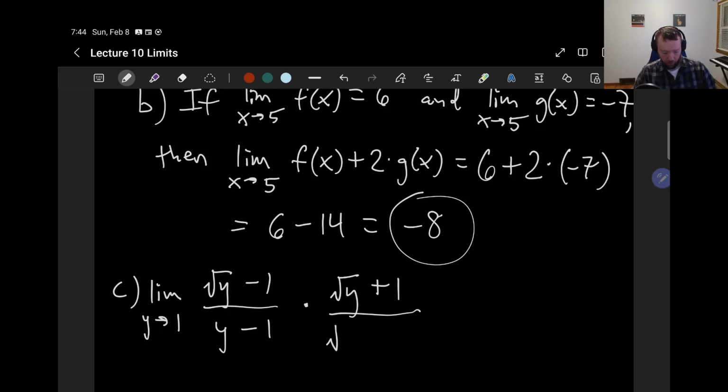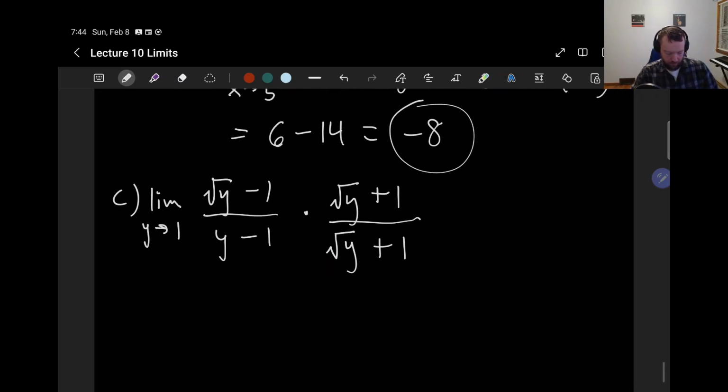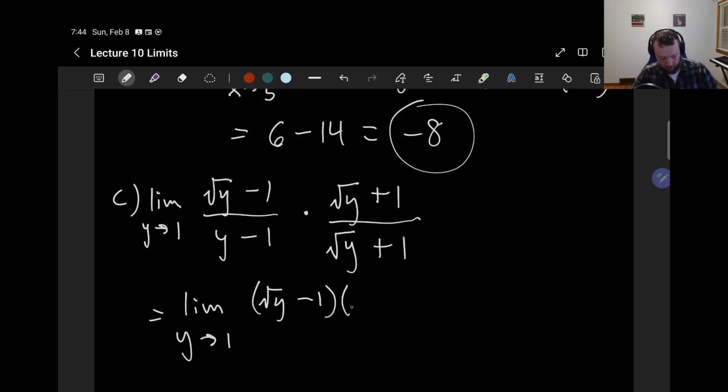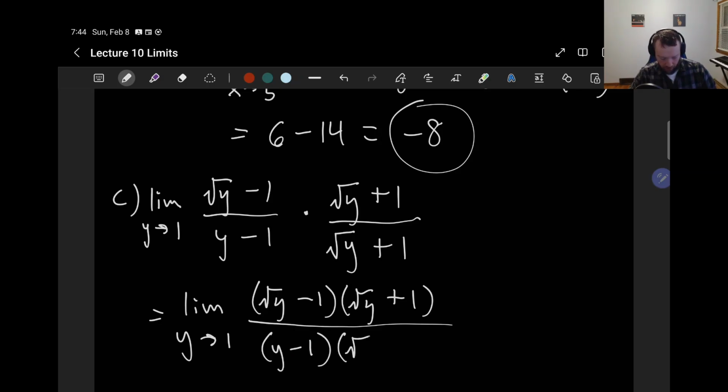But if you're going to multiply one part by this new thing, I have to do it to both the numerator and denominator. Keeps things equal. But now that we've done this, this will eliminate the square root, which means we'll probably be in a better position. But let's see what happens.